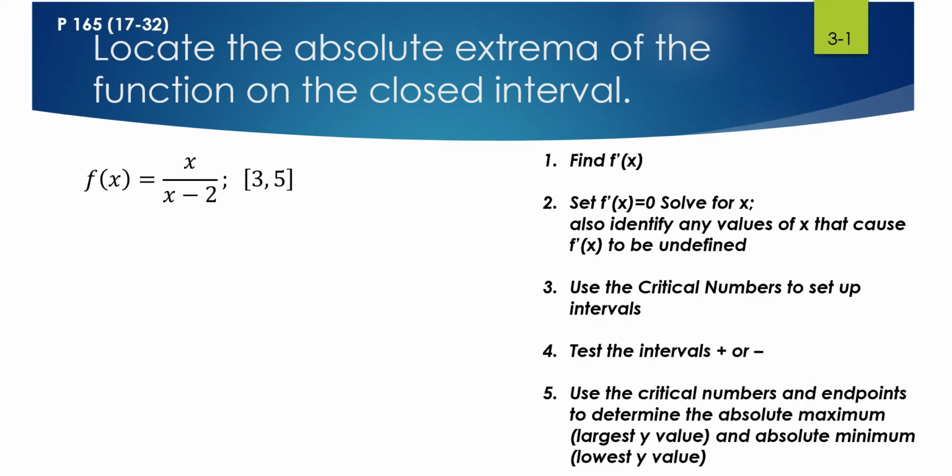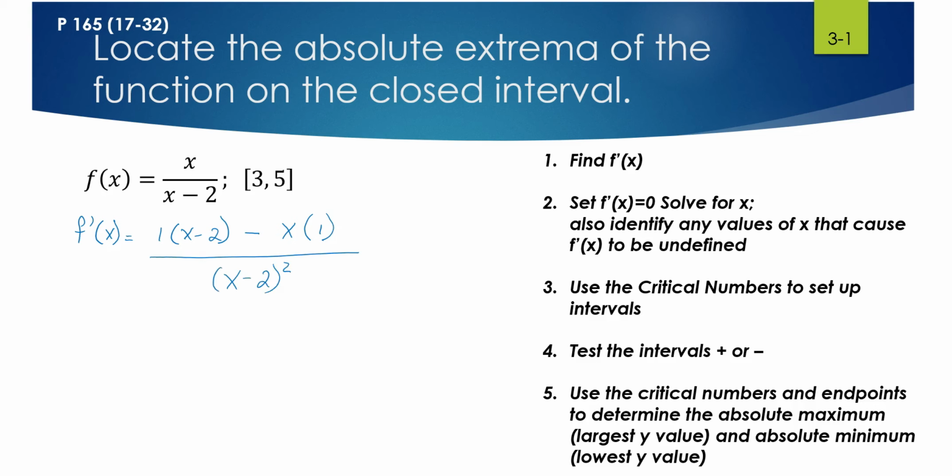Okay, so one more example of the same type of problem, and then I'm going to let you do a problem. And so start off by finding your derivative. This is the quotient rule. So we derive the top and keep the bottom, subtract keeping the top and deriving the bottom, and then it's over the bottom squared.